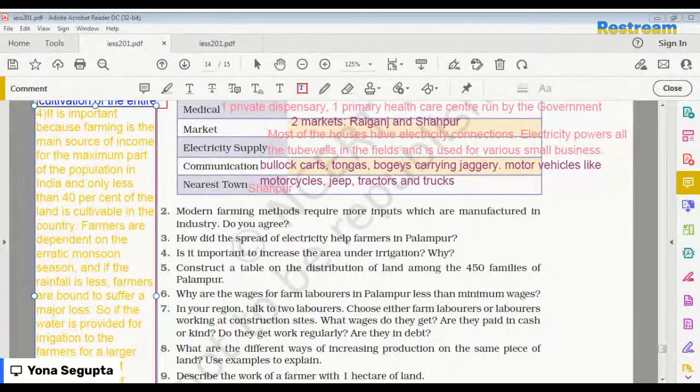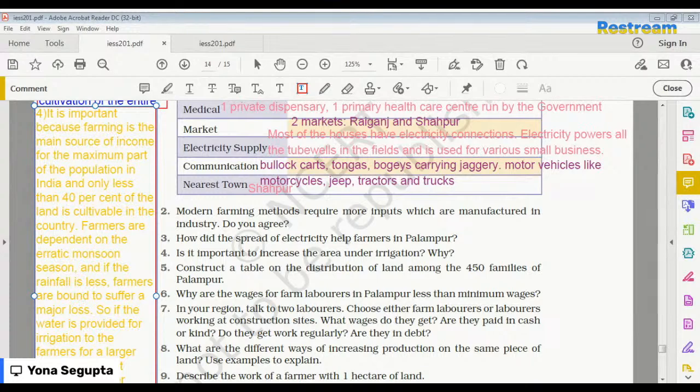In number 6, the question is, why are the wages for farm laborers in Palampur less than minimum wages? Let's see if we can answer this question. This is very easy. The answer will be that there are many landless farm laborers who are paid less than the minimum wages in Palampur.